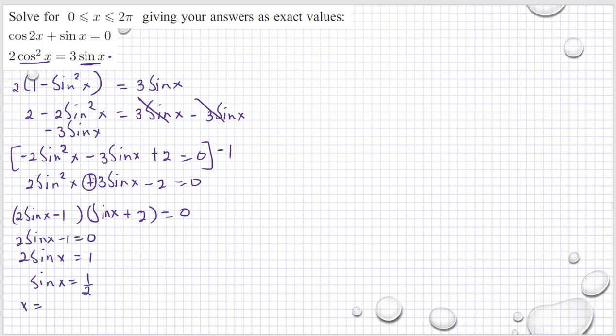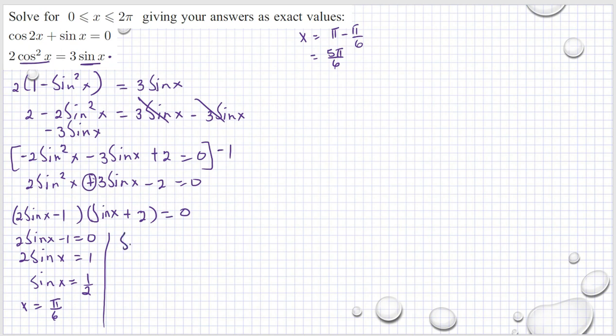And we know that sine x is 1/2 when x is pi over 6, and when x is equal to pi minus pi over 6 on the second quadrant. So we have 5 pi over 6.